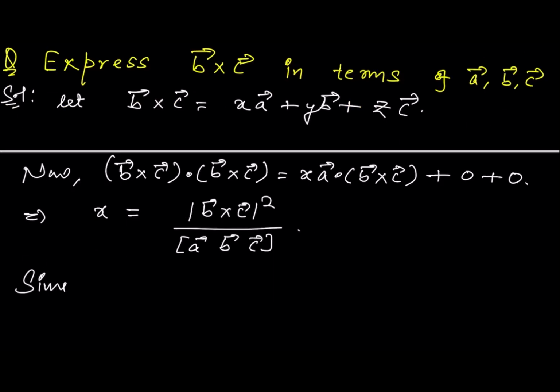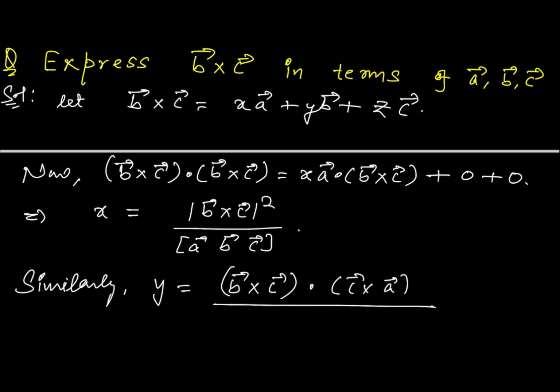Similarly, y can be B cross C dot C cross A. If I'm taking dot product with C cross A, then this will be in denominator, because first term and third term will be 0.